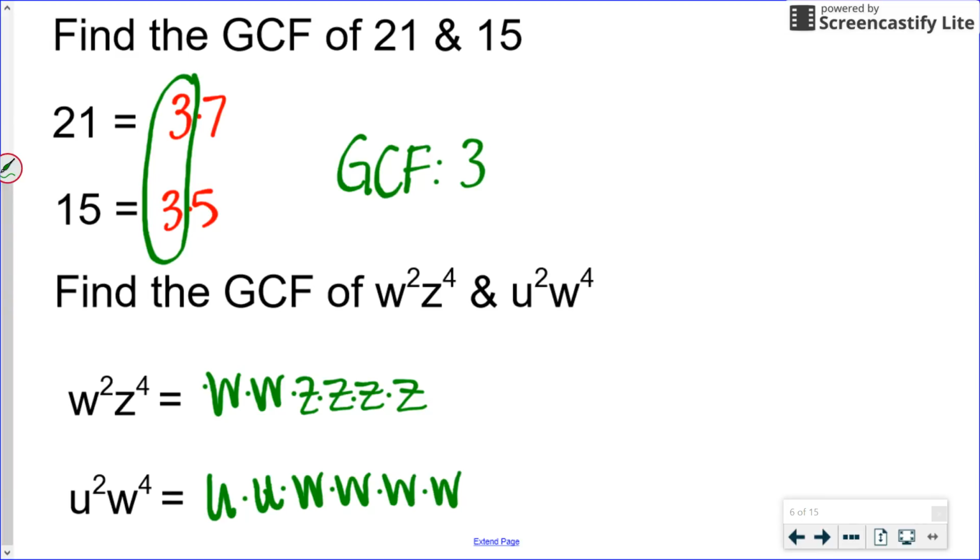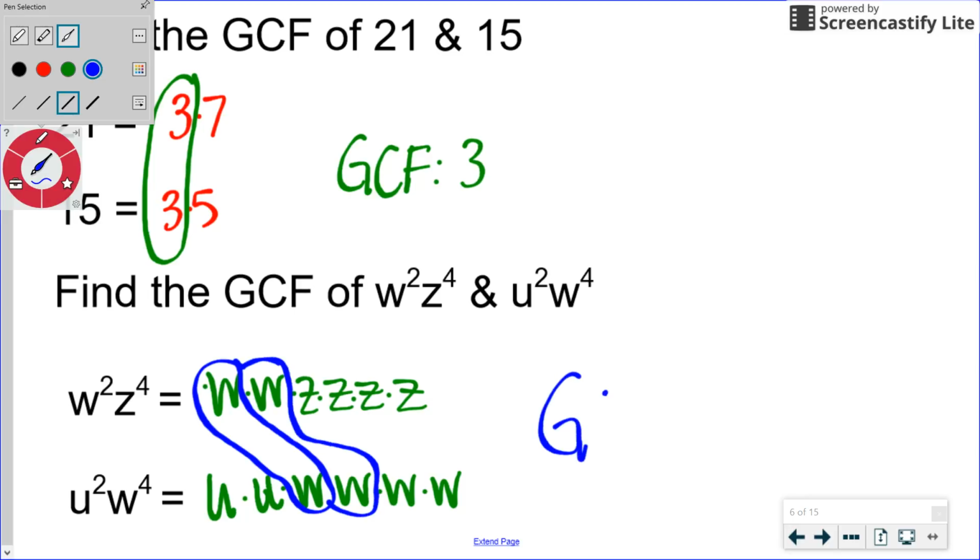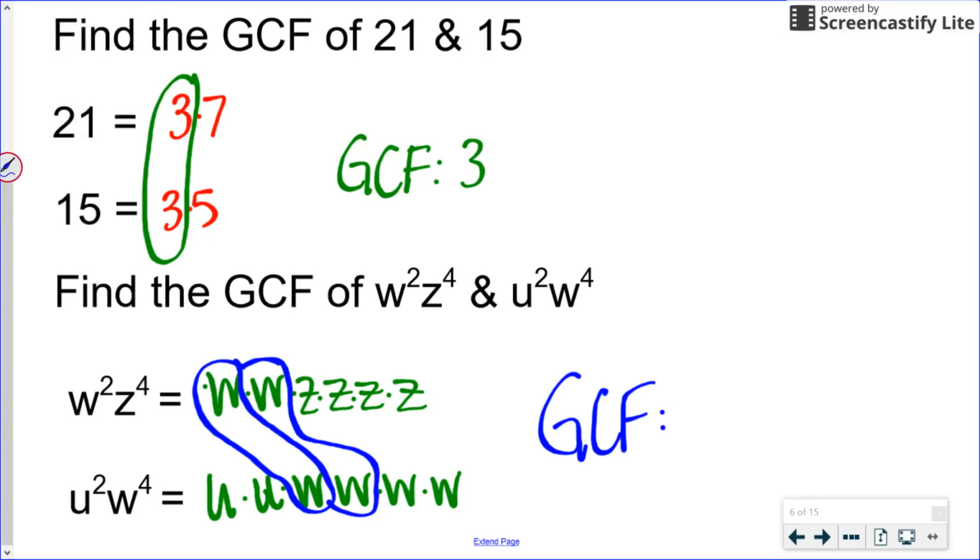And then looking again for what they have in common, they have 2 W's in common. So the GCF for these two will be W times W, which is W squared. So anytime you have more than one factor, you're going to multiply those together. So W times W, that would be W squared.